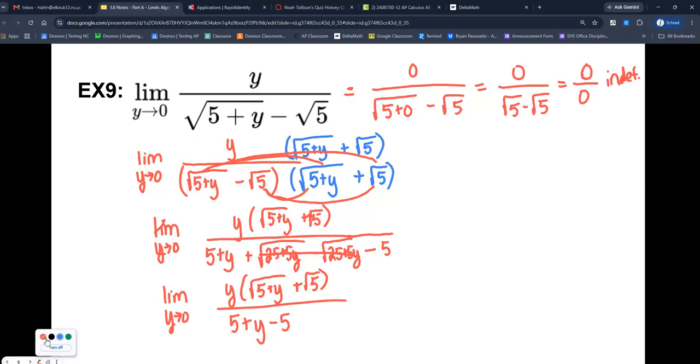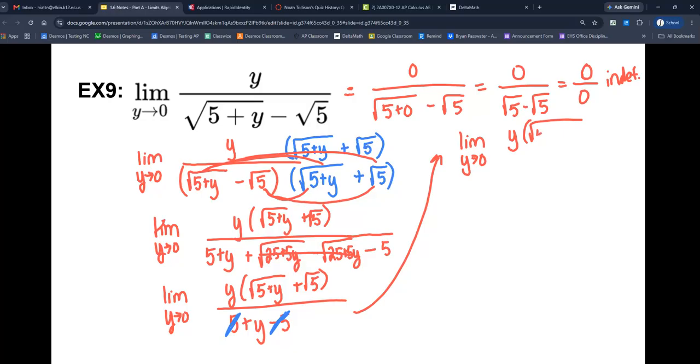So I have a positive 5 right here and a negative 5 right here. Those are going to cancel each other out. That leaves me with the limit as y approaches 0 of y times square root of 5 plus y plus the square root of 5 over y.